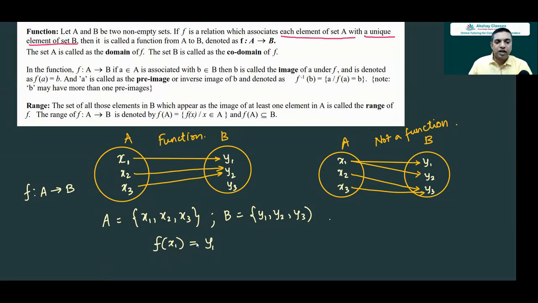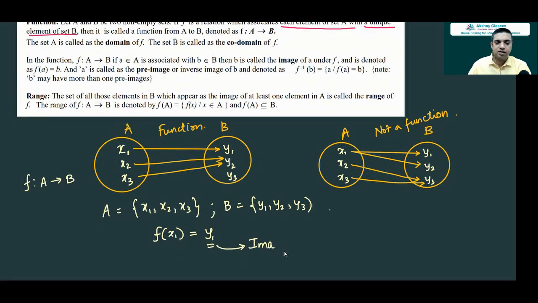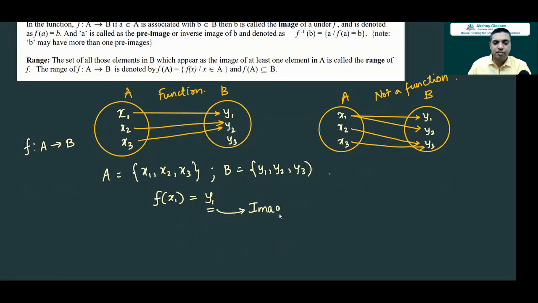So this y1 is called the image of x1 under F. And x1 is called the pre-image of y1 under F. All right.